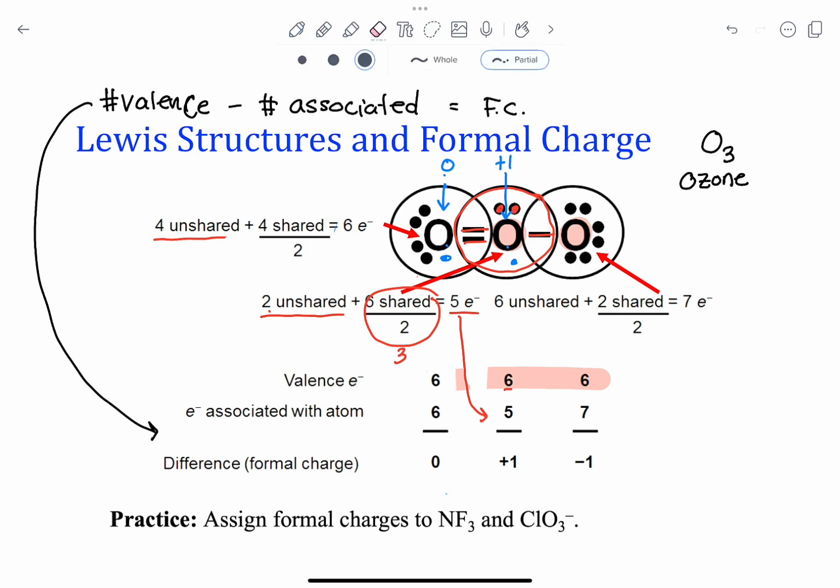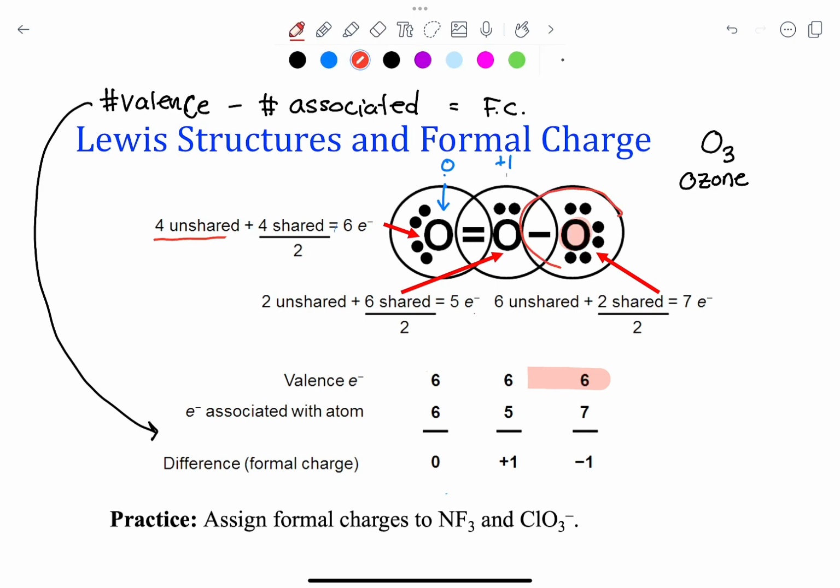Okay, so let's now work on our last oxygen. Again, just erasing here. Okay, so let's look at our rightmost oxygen. We know the formal charge is going to be different from our previous 2 because this oxygen now has 1 bond and 3 lone pairs.